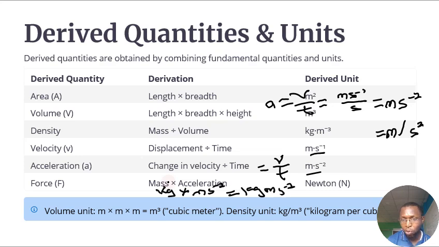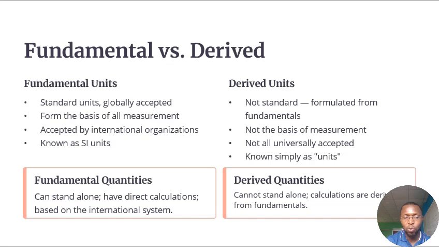So aside from Newton, another unit for force is kilogram meter per second square. All right, so we have so many of them. This is just a sample of derived quantities. We have other ones too that are obtained using this method.